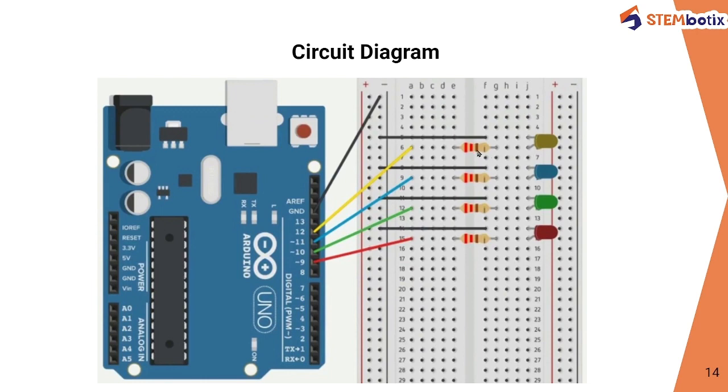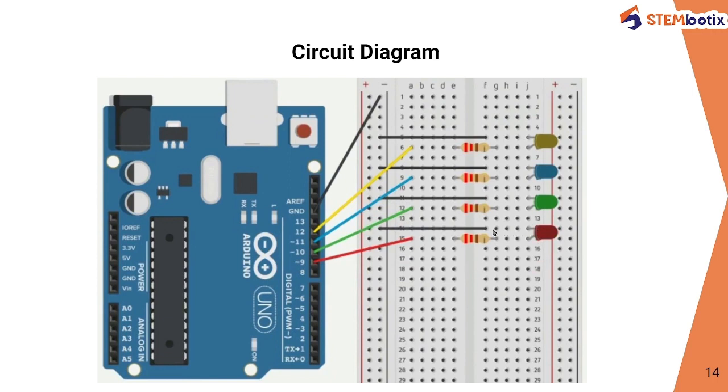Here we have connected one resistor to the anode of this yellow LED. Similarly, connect one resistor to the anode terminal of the blue LED, one resistor to the anode terminal of the green LED, and the fourth and last resistor to the anode of the last remaining red LED.